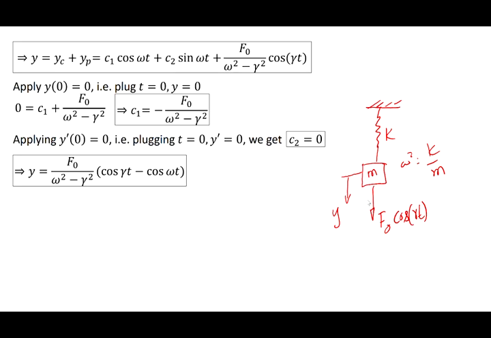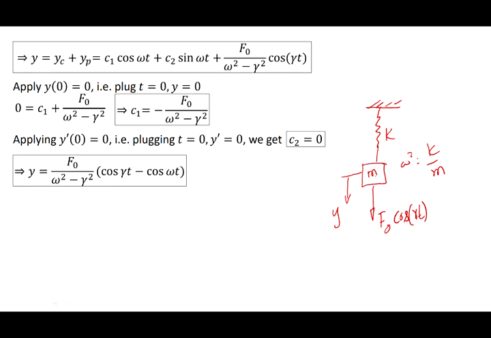What is really fascinating about this is what happens if omega equals gamma. Notice omega equals gamma would cause the denominator to go to 0. So we have F sub 0 over 0. As gamma gets closer and closer to omega, omega is the natural frequency of this system.